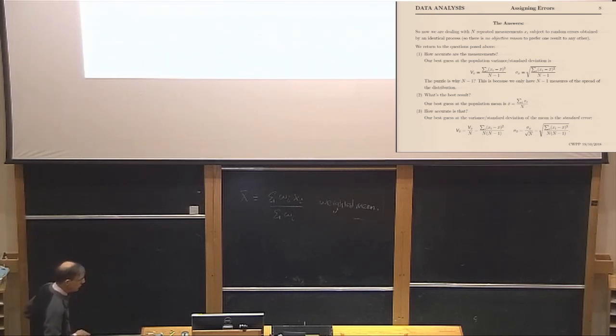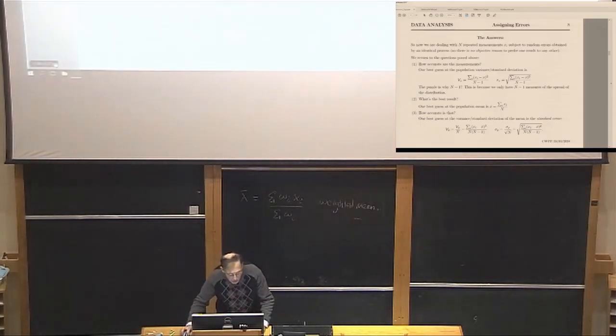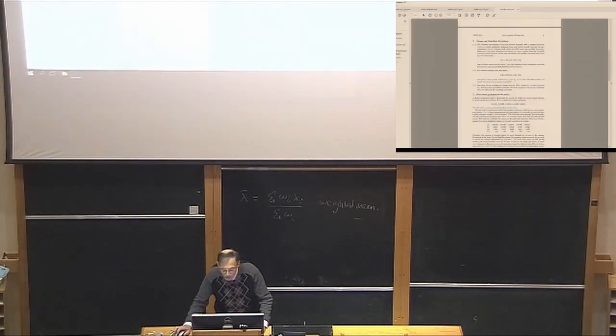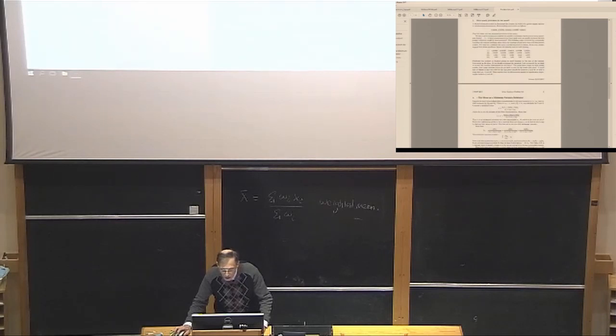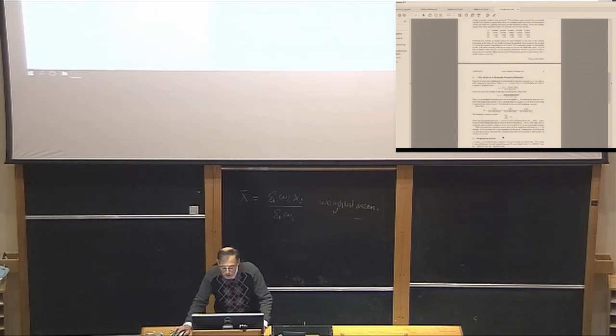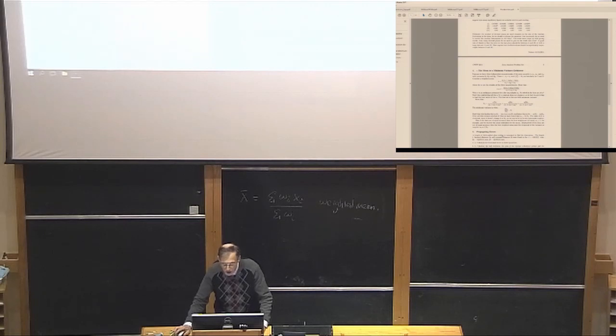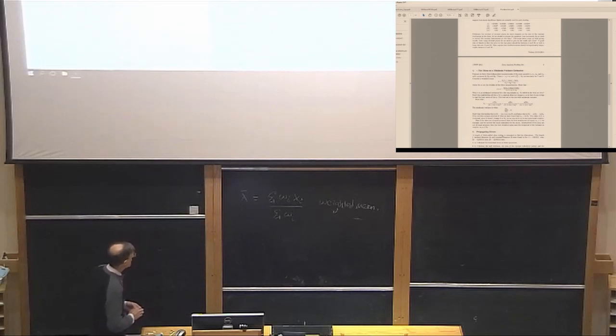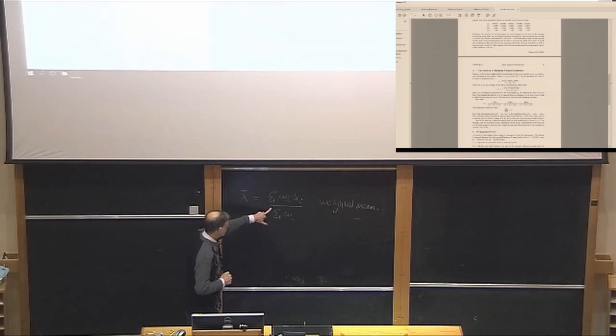One of the questions on the problem set, let me just bring up the problem set, the mean as a minimum variance estimator, question 4, shows that if you combine the data in this way, you'll get, on average, the right answer, but the error on the answer will be bigger than if you'd used an ordinary mean.